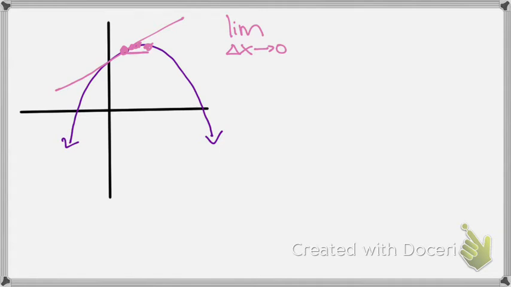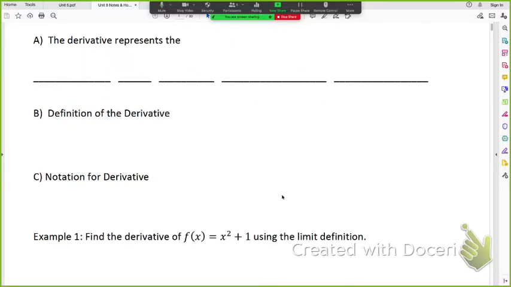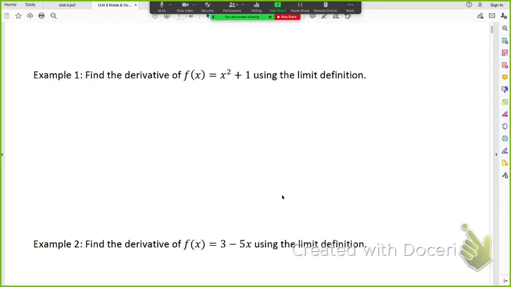Okay, so going back to my original page here. Let's go back and look at what it would look like if I had to do a limit definition of a derivative. Here's how we're going to do this. We are using our notation in part B to find the derivative of this function using the limit notation. So that is the limit as delta x approaches 0.